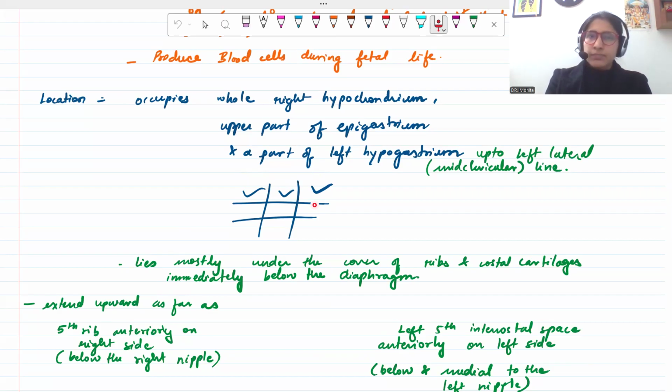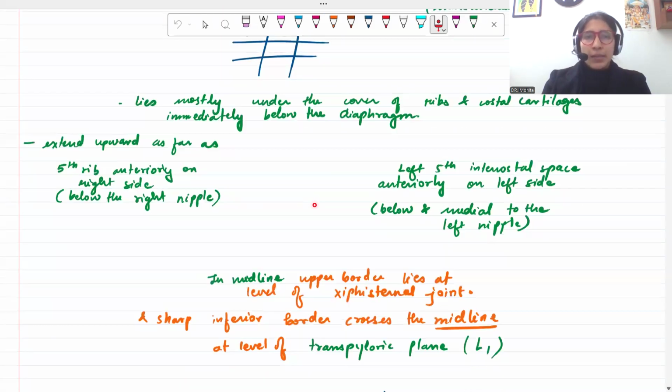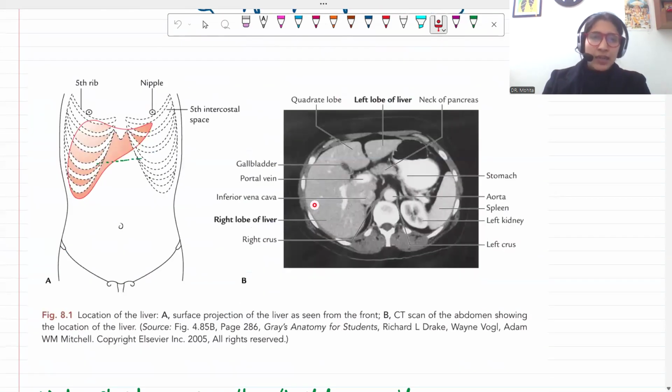Got it? Then the main thing is that liver lies under the cover of ribs and the costal cartilages. So as you can see on the right side, its upper margin extends up to the fifth rib.